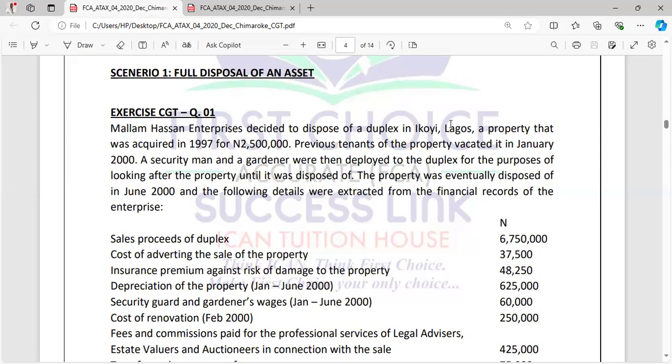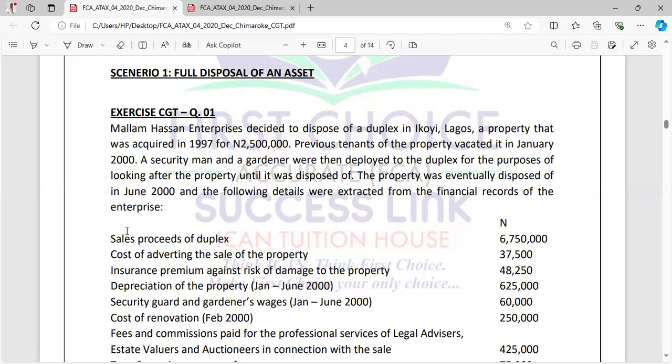And now we are told that the following details were extracted from the financial records of the enterprise. Now, what are these details? We have sales proceeds of the duplex. So we are told that it was disposed of in June.